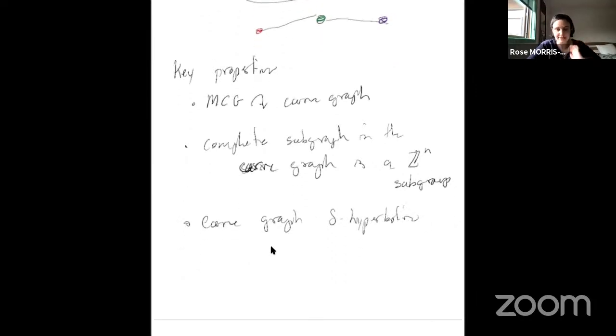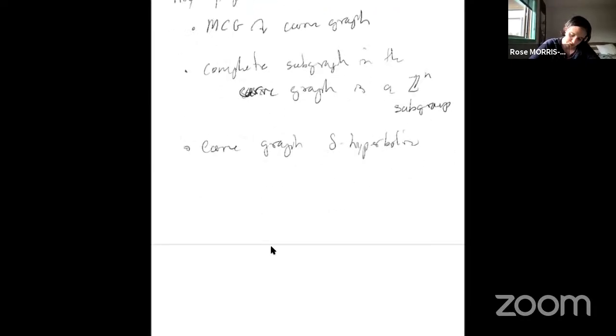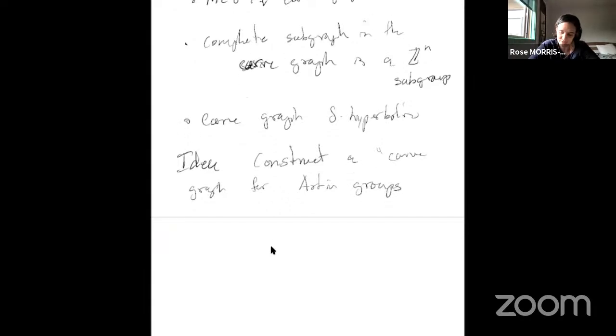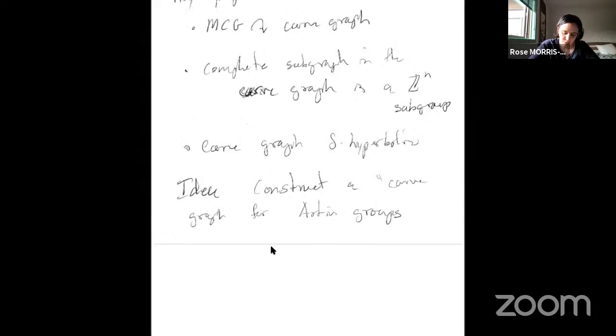So one of the ideas is we want to construct something that has these properties: a graph where the Artin group acts on that graph, and it has these properties. So we want to construct a curve graph for Artin groups. And the idea is that we want to use parabolic subgroups. Why would we do that?